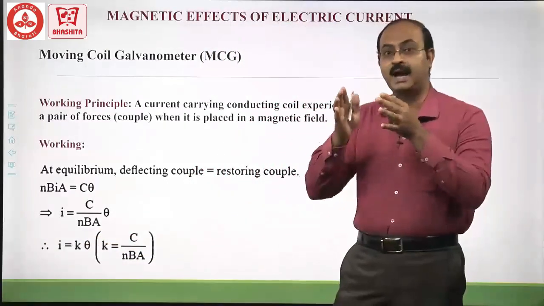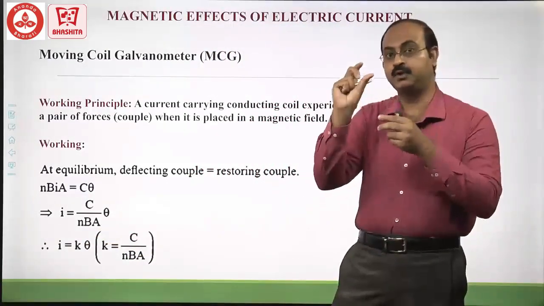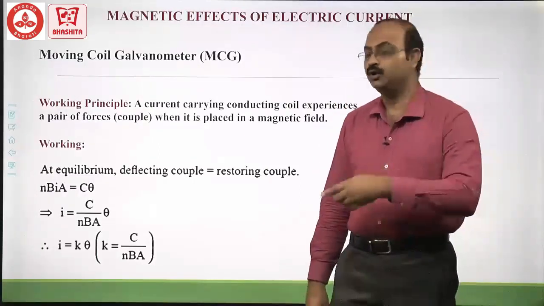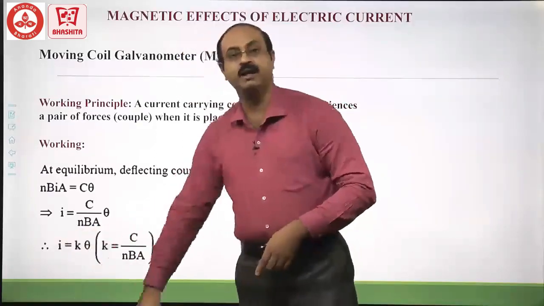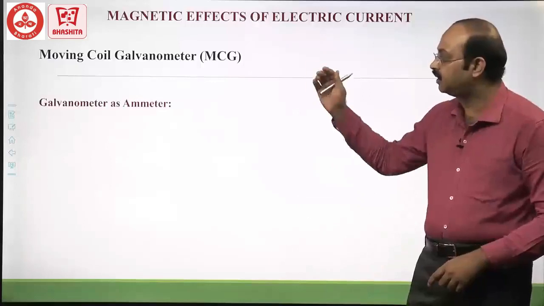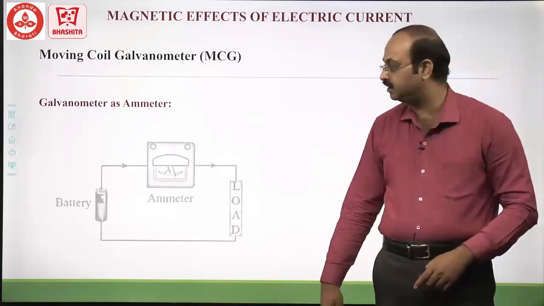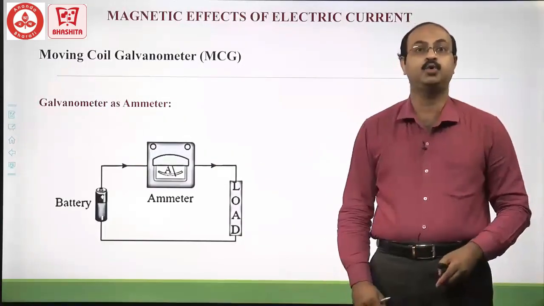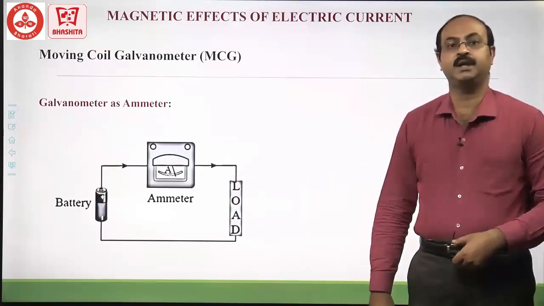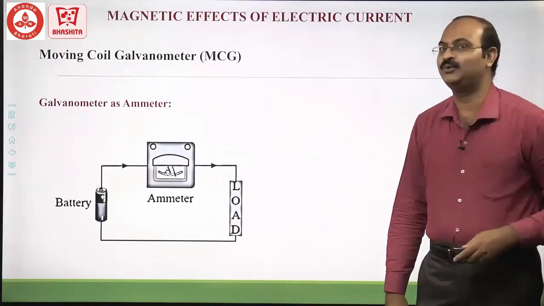By measuring the angle by which the phosphor bronze wire will turn, because you have attached a mirror to that, you will be able to measure the amount of current also. The same galvanometer, with some modification, can be converted into an ammeter to measure current in a circuit. What you will basically be doing, that is for you to find out.